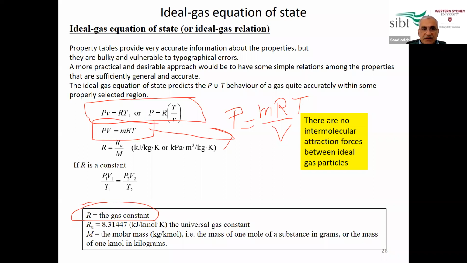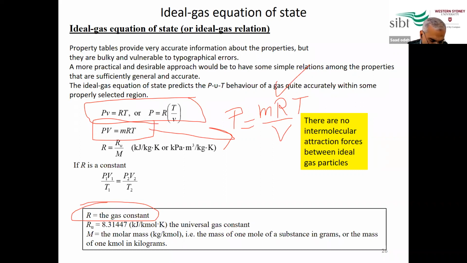Vice versa, if you want to find the volume, you divide by pressure. So it's quite straightforward. All you need to know is the value of R from tables. In most questions, they provide R in the question. But if you don't have the R, you can always go to tables. So you can find it for each gas.